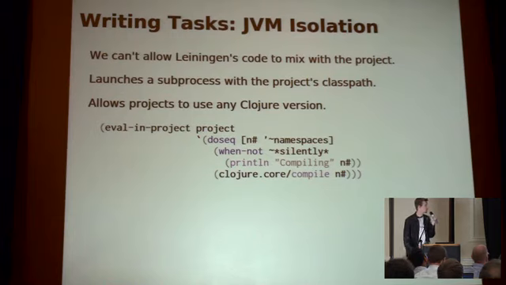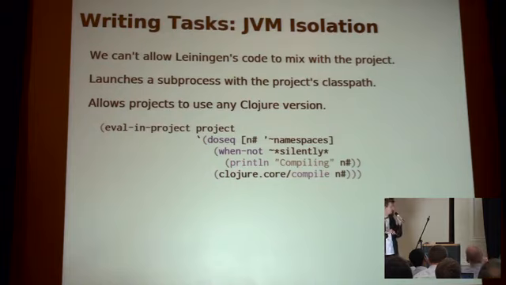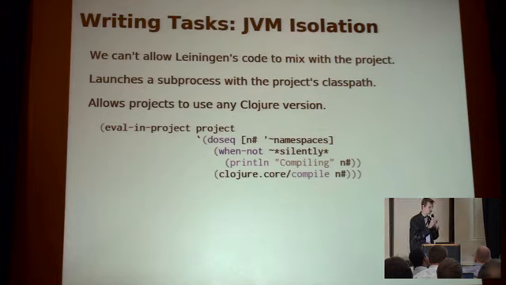So Leiningen implements that with eval-in-project, which is a lot like eval, except it takes a project argument first, and then launches a subprocess that forks it off and performs the eval inside there. And apart from that, it works like eval.